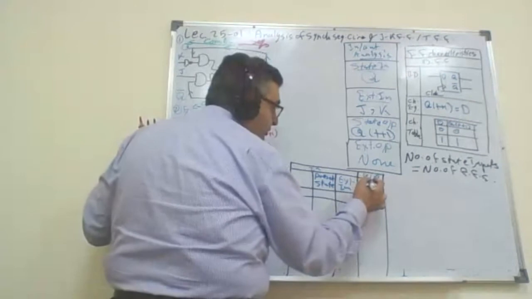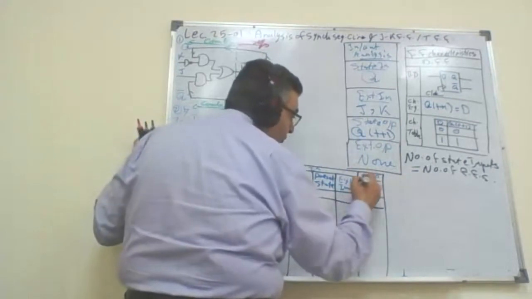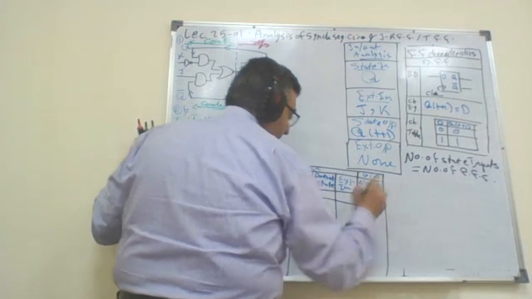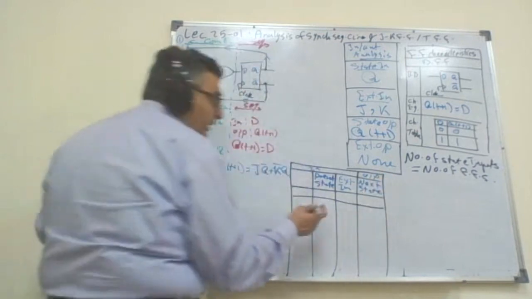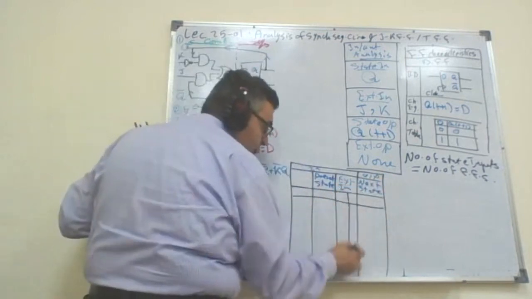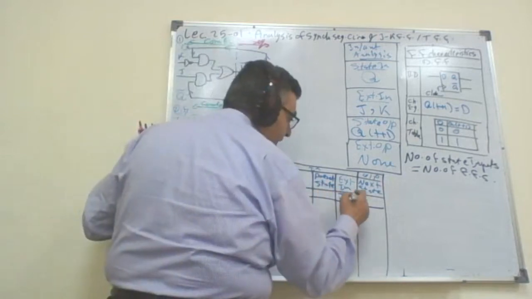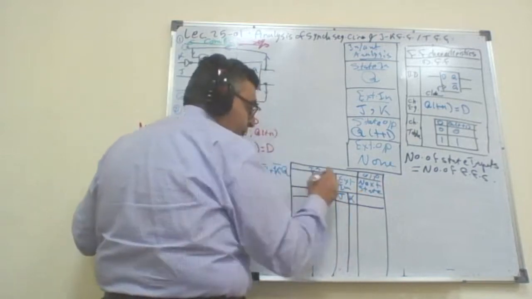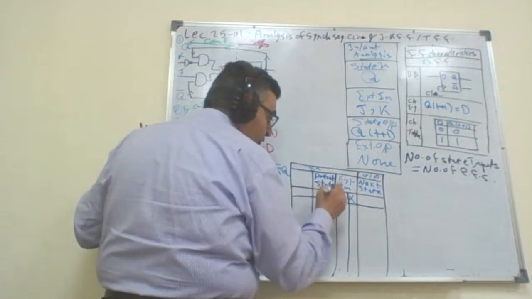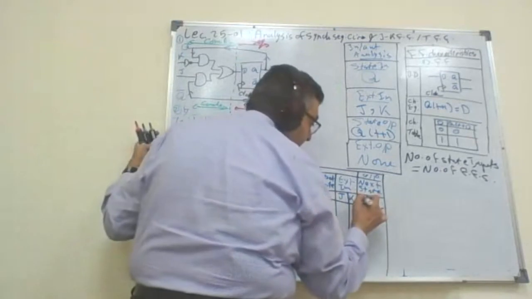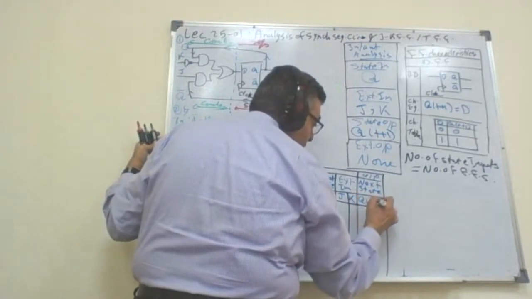For the outputs, do I have any external? No, so I have only the next state. External inputs are two columns. I have J and K. For the present state, I have only Q. Here I map those here. And for the next state, I have only Q of T plus 1.